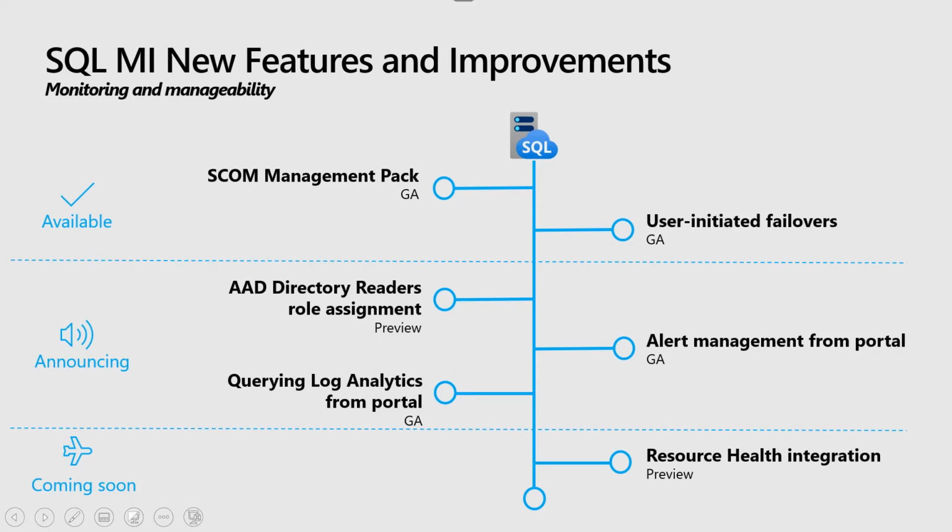So basically, specific databases within a managed instance even today are integrated with resource health. However, any health signals specific to the instance level are not available in resource health yet. Once this integration is in place, you will also be able to set up resource health alerts and get notified on any types of events that you are interested in.